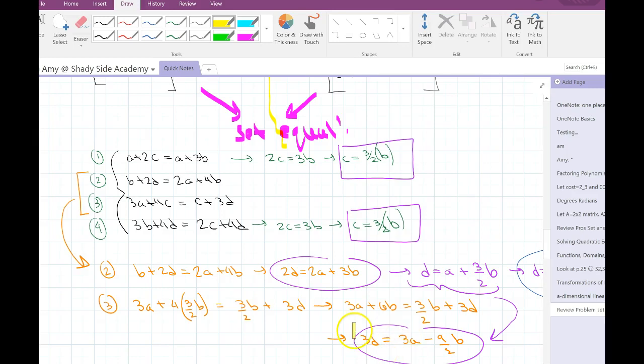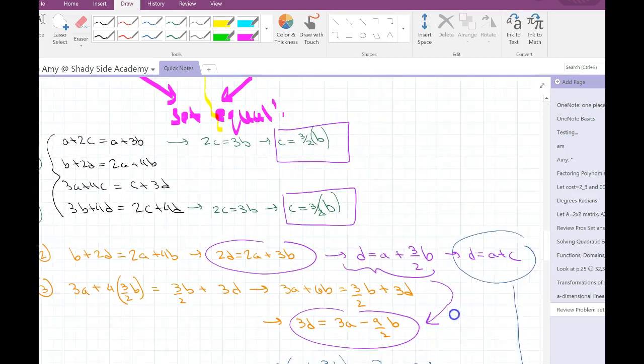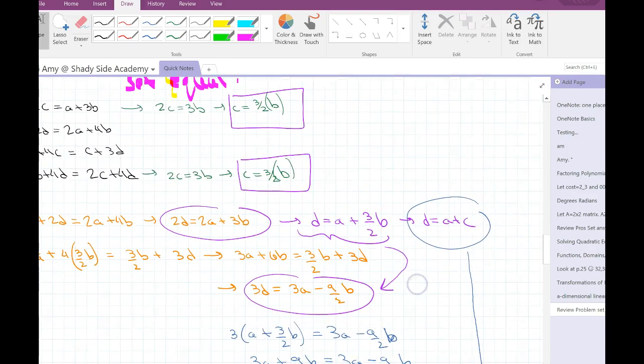What I then did was I solved this equation for D, which equals A plus 3 halves B, okay?